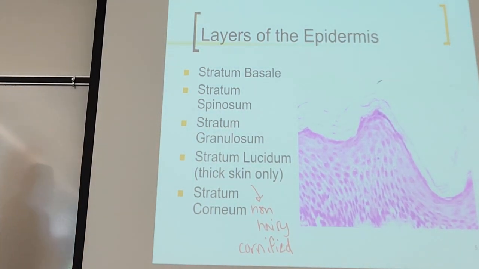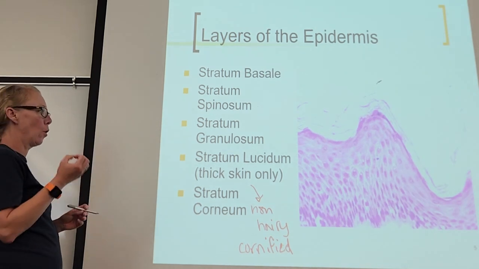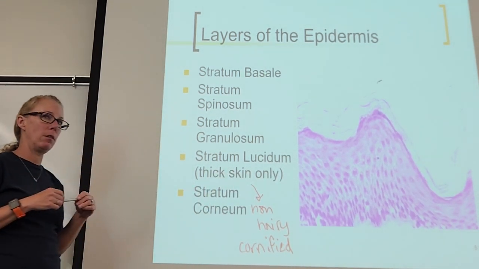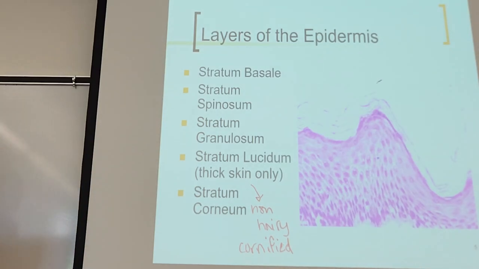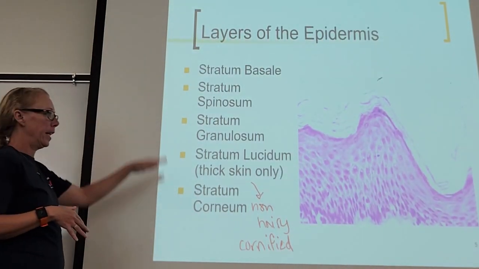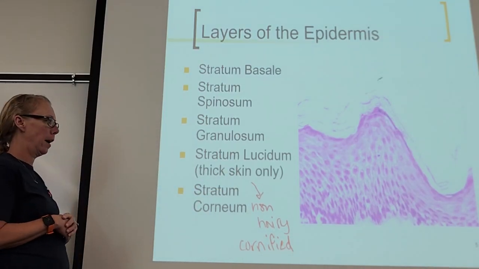So non-hairy skin is like the palms of your hands and the soles of your feet. That's thick skin or cornified skin or non-hairy skin. And you only find a stratum lucidum in those parts of the body. Everywhere else, you'll have the remaining layers, but you will not have a lucidum. And you'll identify that on the models in lab.